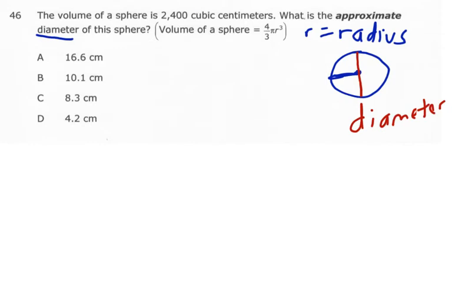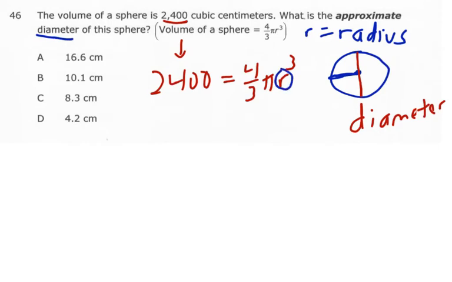Alright, well, I'm just going to plug in. They gave me the volume, so if I just plug in what they gave me, 2,400 equals 4/3 pi r cubed. All I want to do is solve for the variable. So my variable's r.